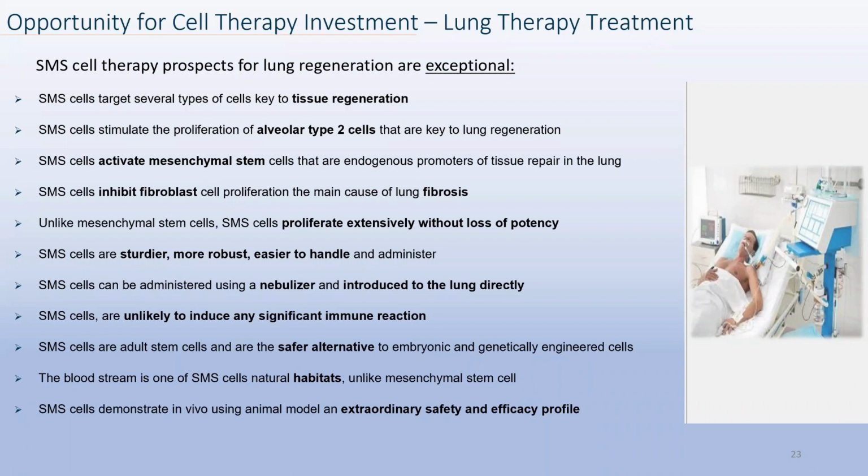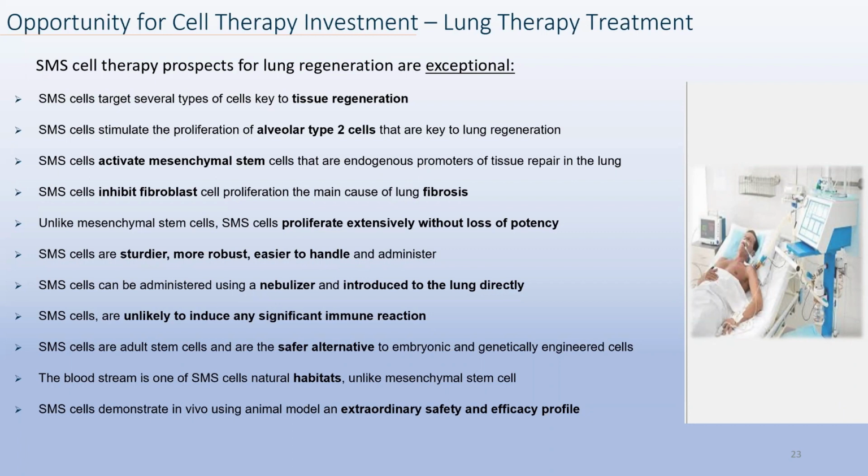This is a given in the current research and understanding about tissue regeneration. SMS cells activate mesenchymal stem cells that are endogenous promoters of tissue repair in the lung. SMS cells will inhibit fibroblast cell proliferation, the main cause of lung fibrosis.